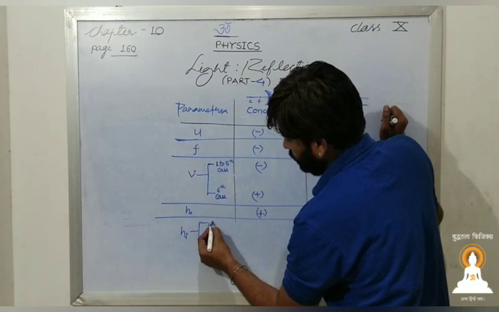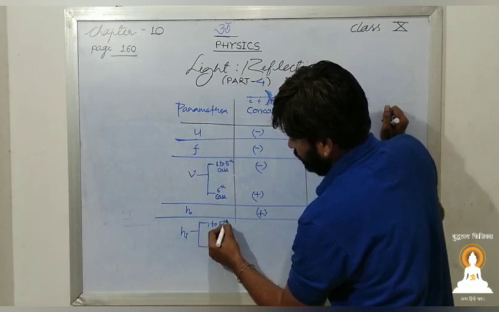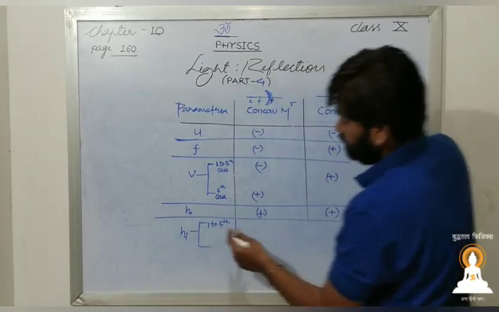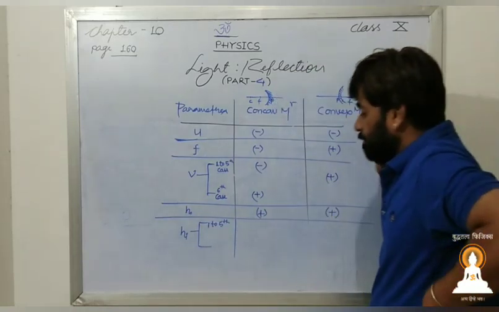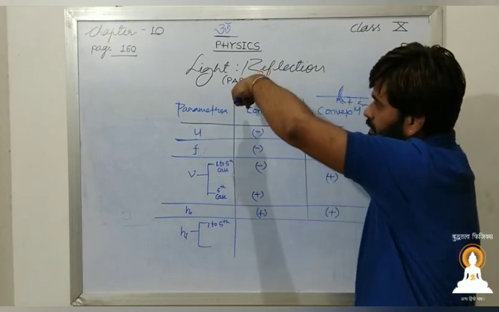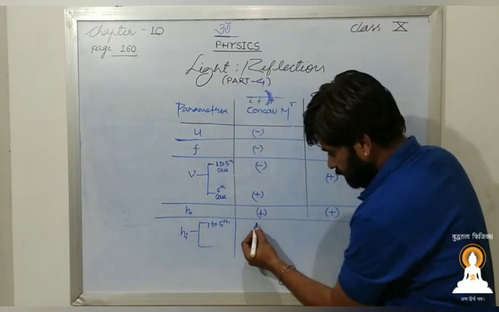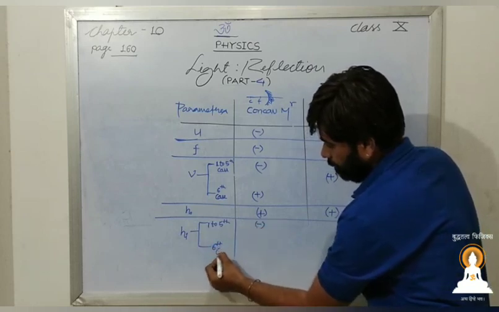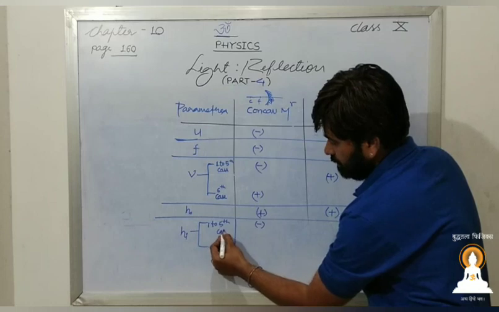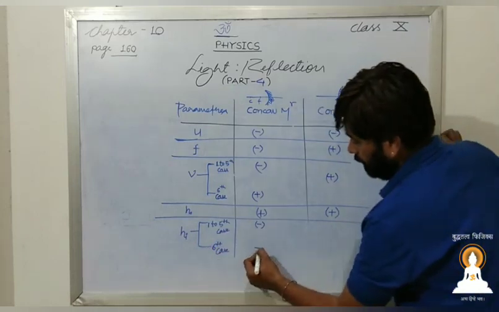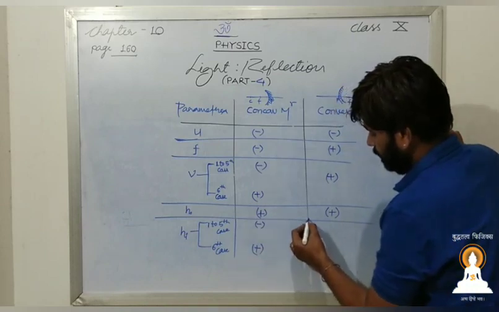In first to fifth we saw that the image was inverted, means upside down, so that will be negative. In sixth case, we have already seen that the image was virtual and erect, so that will be positive.